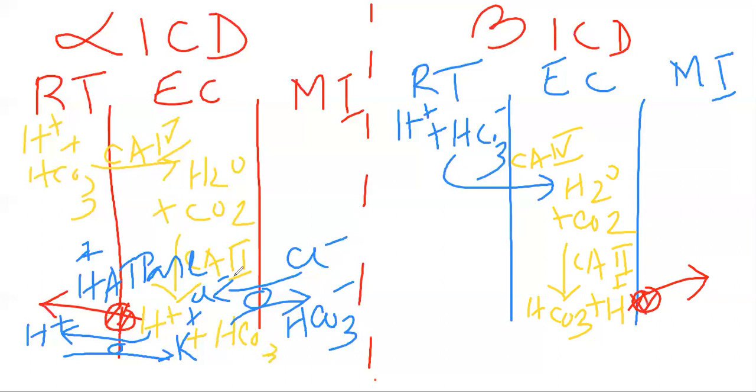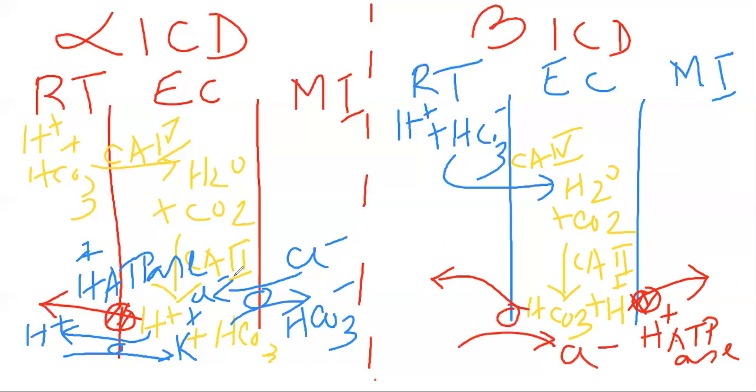Now this hydrogen ion will be reabsorbed only by the hydrogen ion ATPase pump. So it is solely due to the primary active transport mechanism that hydrogen ion will be reabsorbed, and bicarbonate will be secreted and eventually excreted with the urine by the chloride bicarbonate exchanger here.